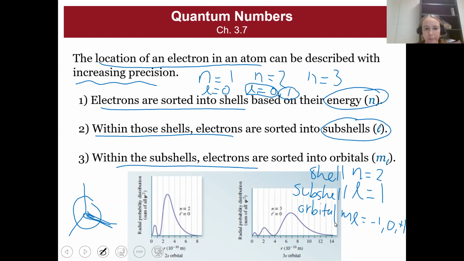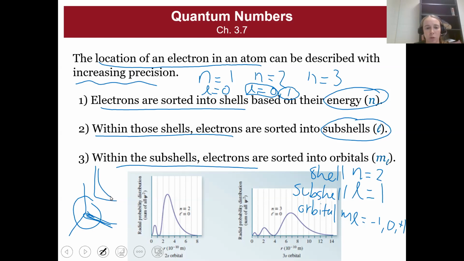So this picture down here is something called the radial probability distribution. So what that means is the probability of finding the electron at a certain distance from the nucleus. This is just a different version of drawing it than we had with the one that looked like this.